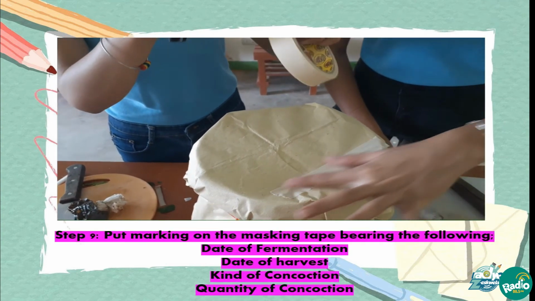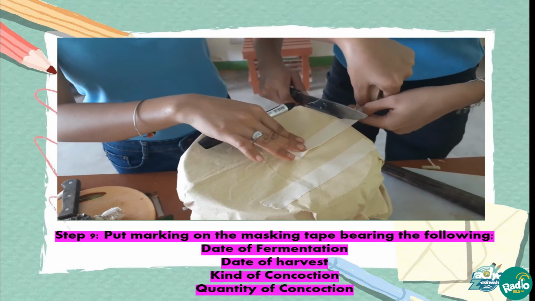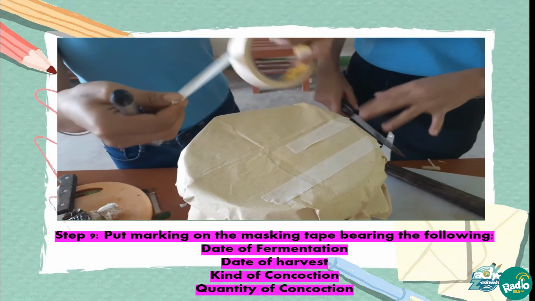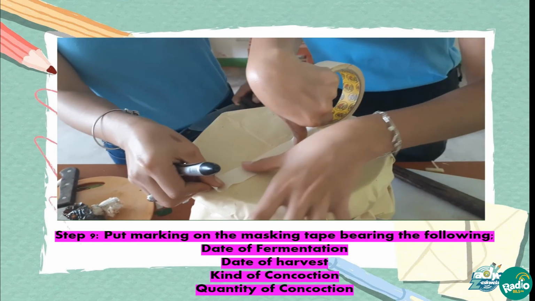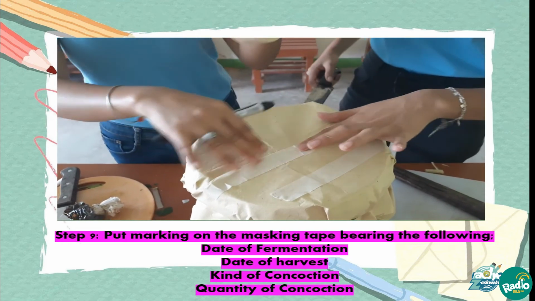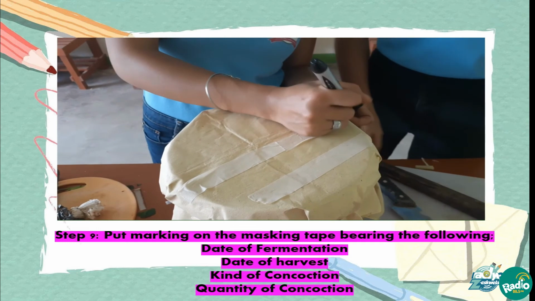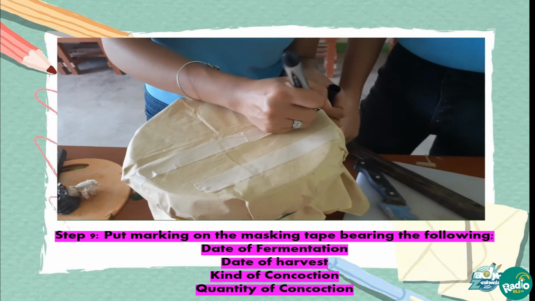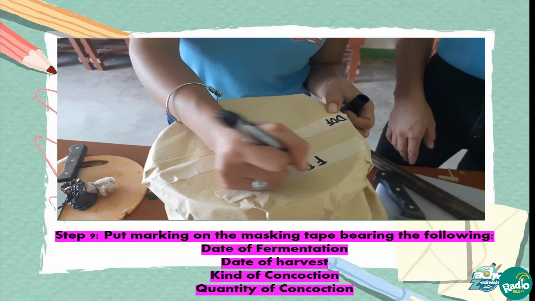Put markings on the masking tape bearing the following: date of fermentation, date of harvest, quantity of concoction, and kind of concoction. For our output today, the date of fermentation would be 11/23/2020.